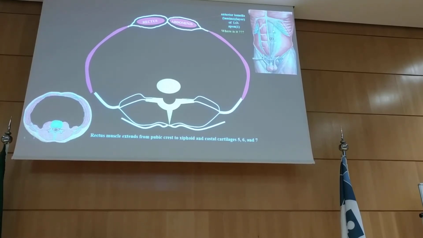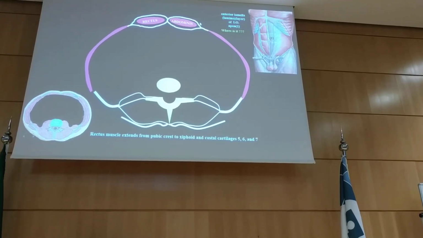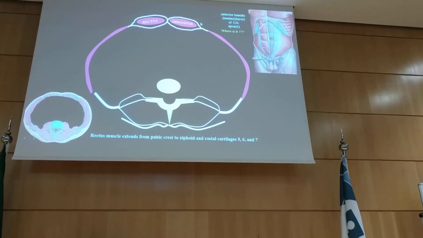And how about this? This belongs to the muscle coming next, superficial to it, which is external oblique. How about this here? This is rectus abdominis. We remove the anterior lamella. Please, I'm teaching you how to read a drawing, how to read a diagram.